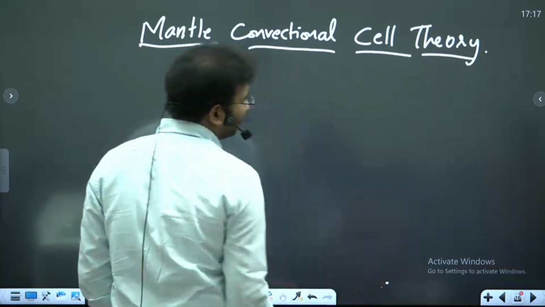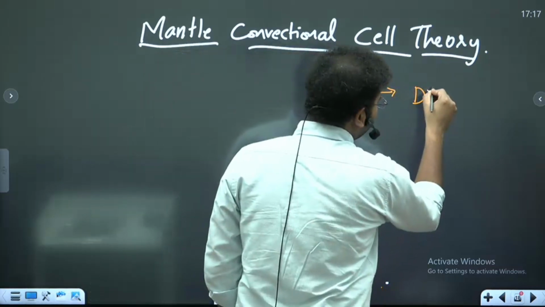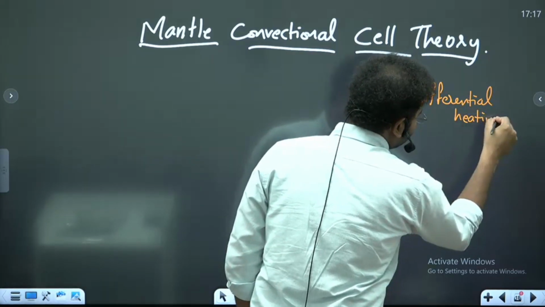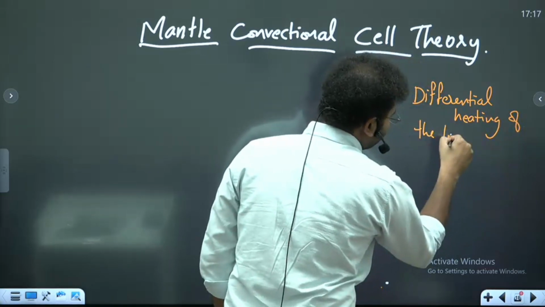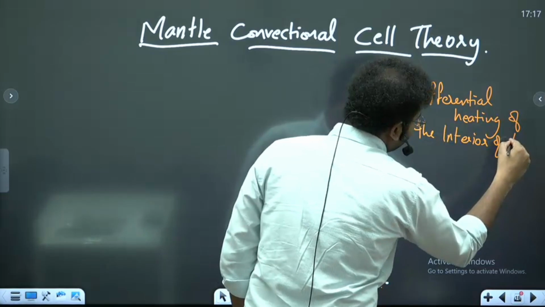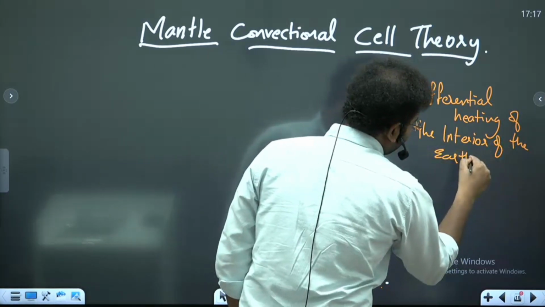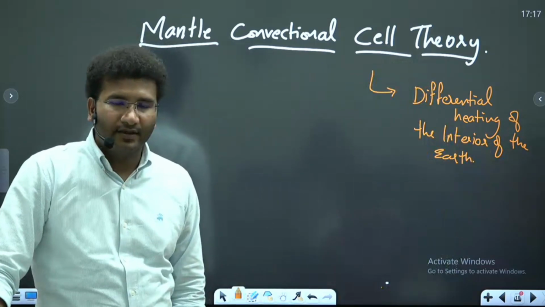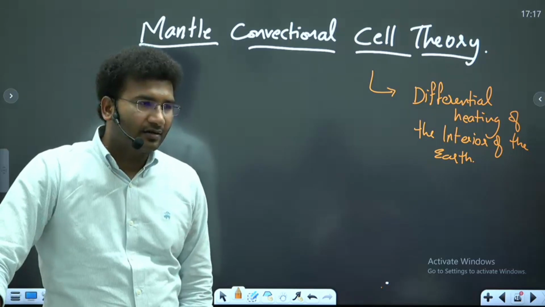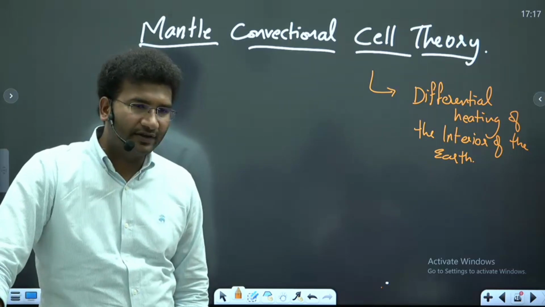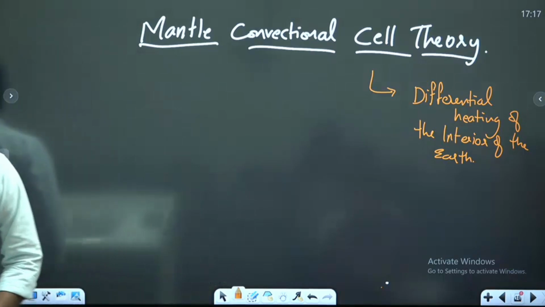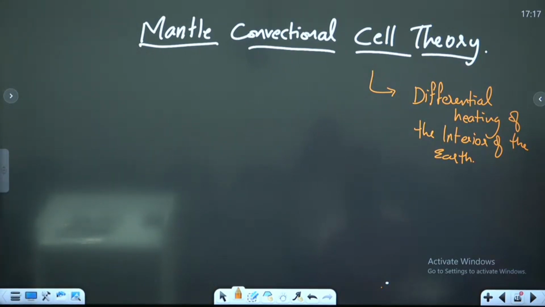This concept is based on differential heating of the interior of the Earth. Now, what do you mean by differential heating? It is nothing but that the various layers present in the interior of the Earth have different densities and different temperatures.